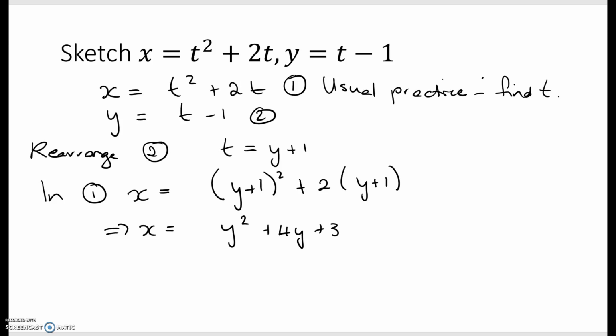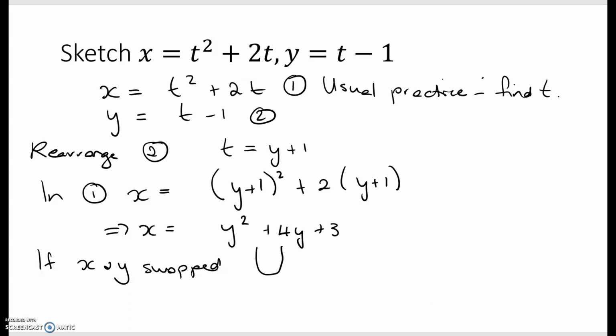Now, maybe that helps, maybe it doesn't. I think it does, because if the two variables were swapped around, then you'd know that it was a parabola. If the x and y are swapped around.